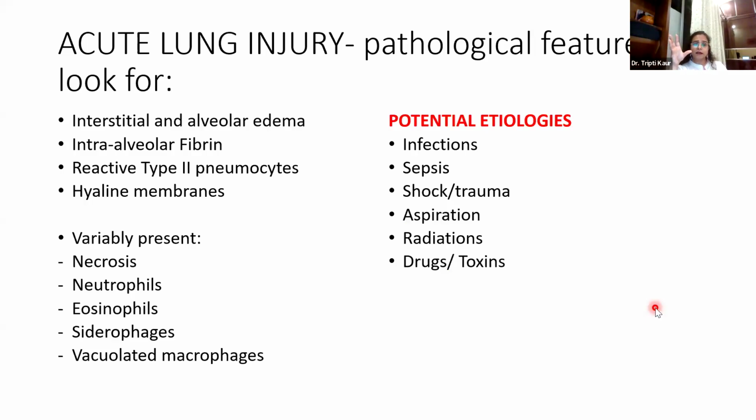DAD is the term for diffuse alveolar damage, and it leads to adult respiratory distress syndrome, which is ARDS. The patient will present with cough, dyspnea, difficulty breathing, and generally the damage is so significant that they are put on mechanical ventilation or are already on ventilators.